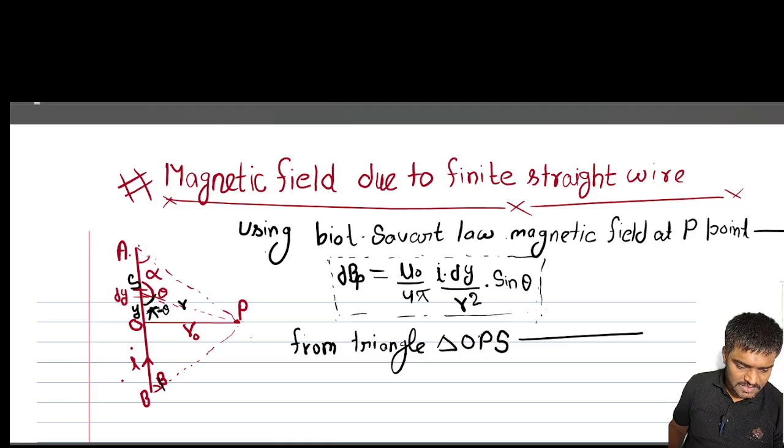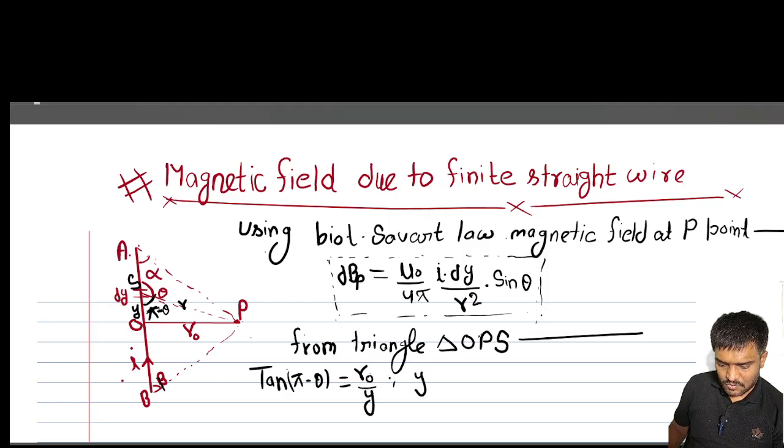For y, tan of this angle, tan of pi minus theta, is perpendicular upon base. Perpendicular is r naught and base is y. So y is equal to r naught tan of pi minus theta.